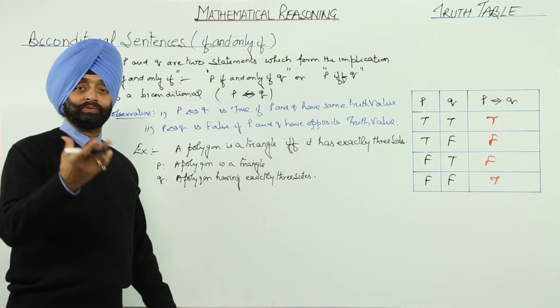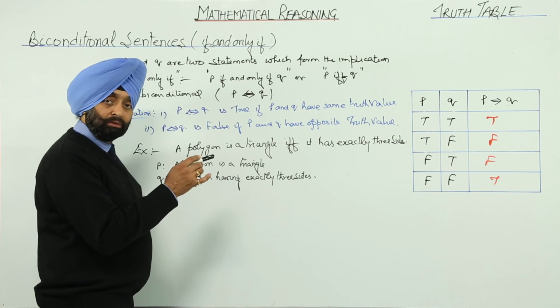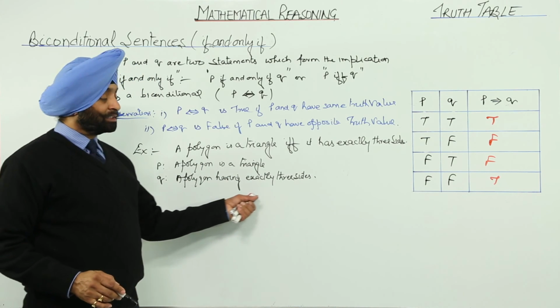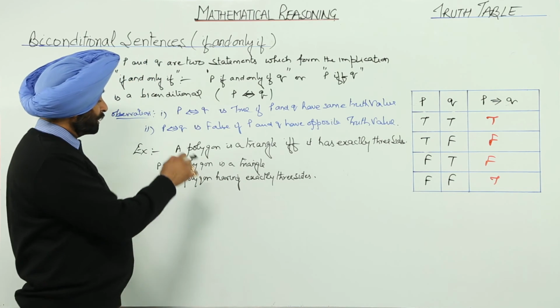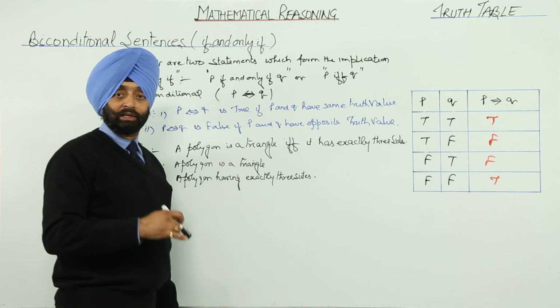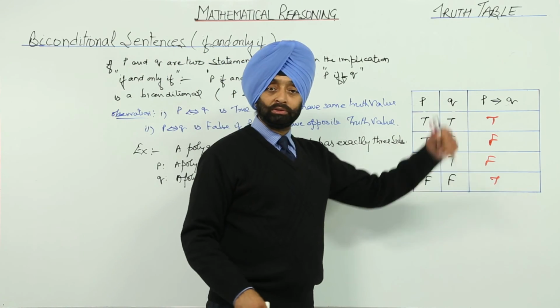Now if any one is false: a polygon is a square. I am writing a polygon is a square. A polygon has exactly 3 sides. Now just combining it: a polygon is a square if and only if it has exactly 3 sides. Totally wrong. So that's why it is false.